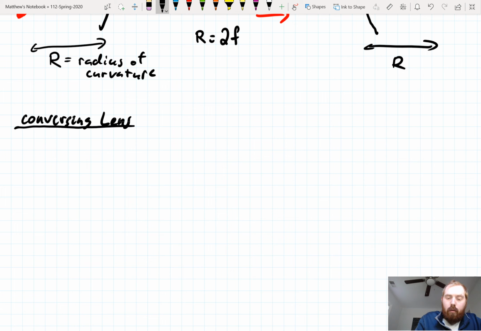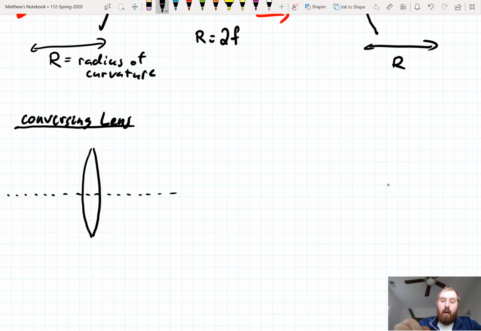We have our converging lenses. They're going to look kind of like a teardrop almost. And one thing we'll notice is that our lenses are going to have 2 focal points. Mirrors have 1, lenses 2.